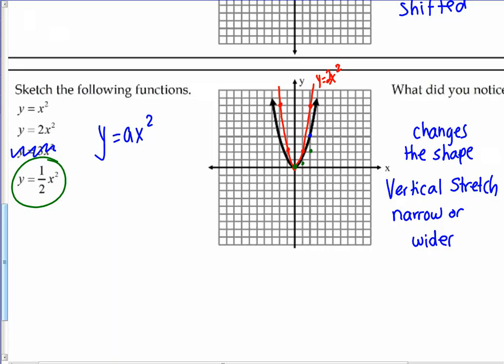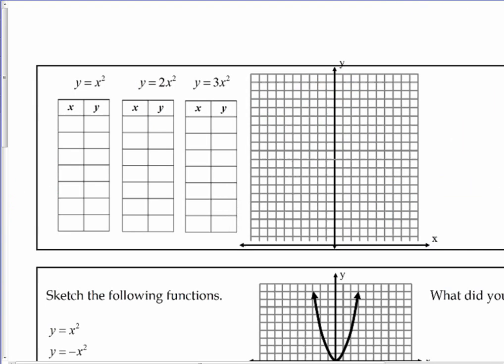It's going to be half the size. If it was 9, it's 4.5. So it's going to become wider, less deep in a way. That's the 1/2.